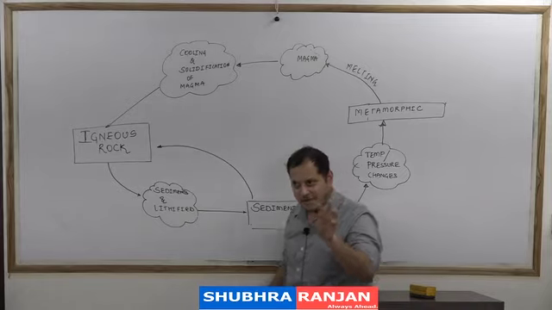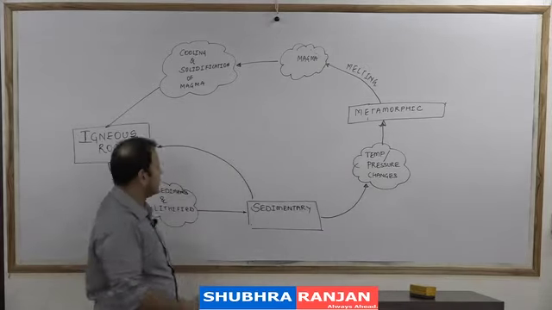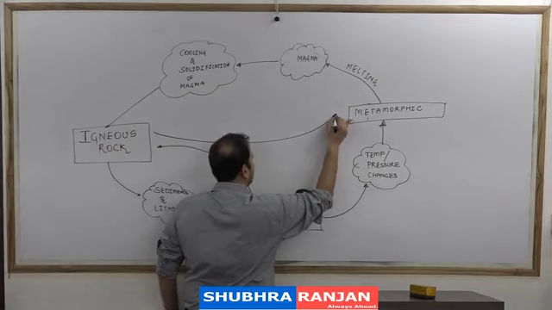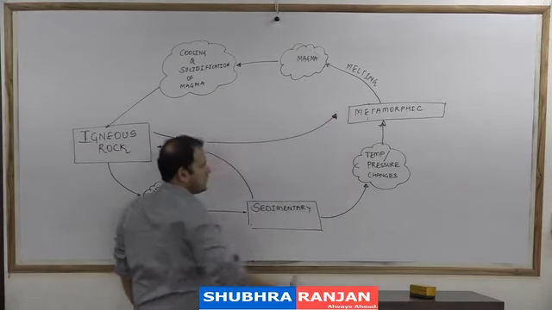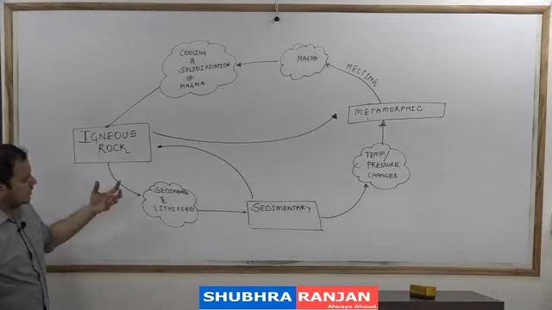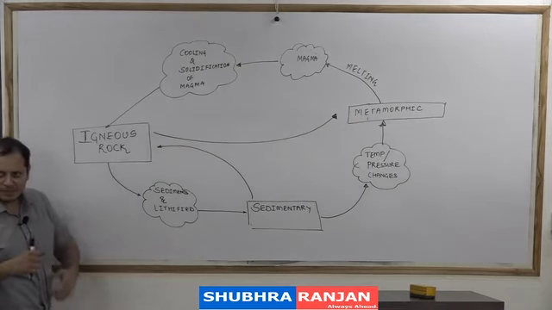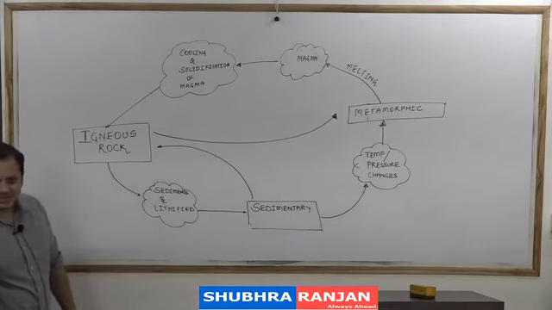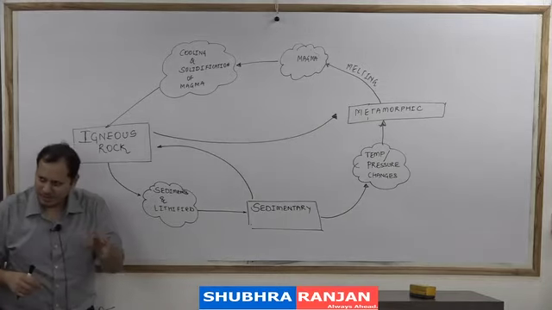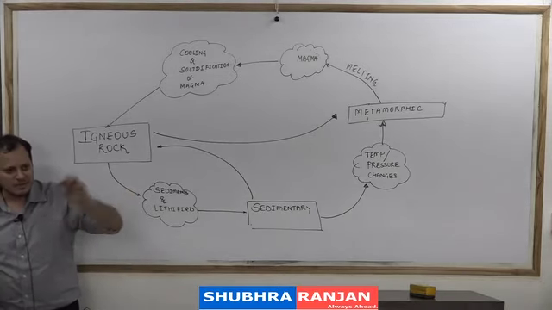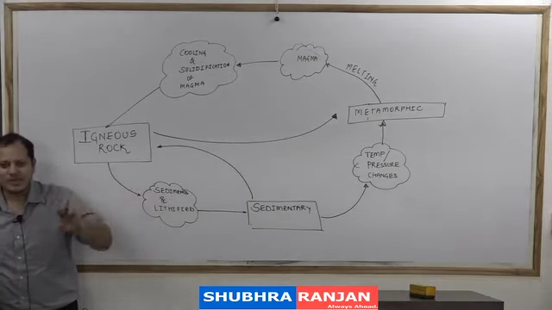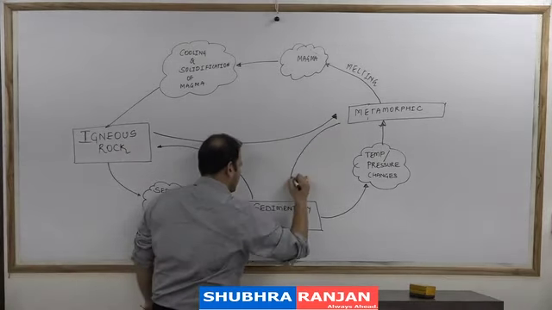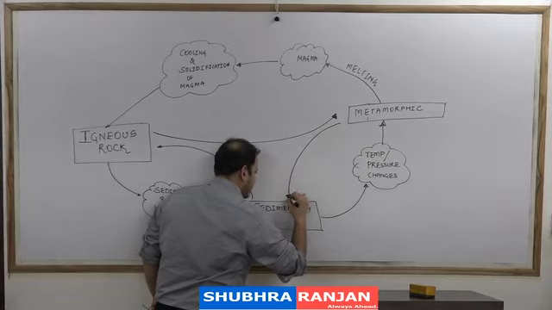Similarly, granite is getting converted to gneiss. So can I say igneous rock can directly get converted into a metamorphic rock? Right? And you take marble and you crush the marble and mix it in the soil. So what will happen? Sediments. And then from the marble, calcium will be removed, magnesium will be removed, and from that different types of rocks will form. So can I say metamorphic rock can also over the period of time become sediment?